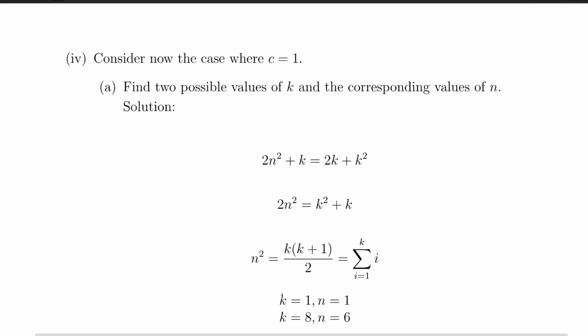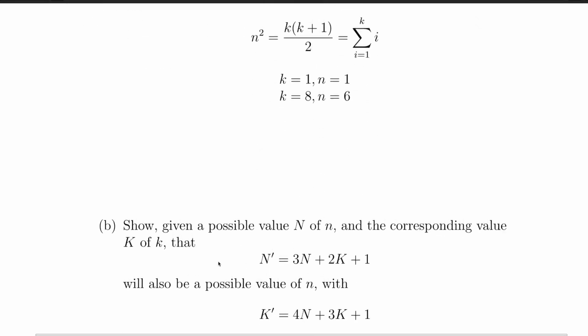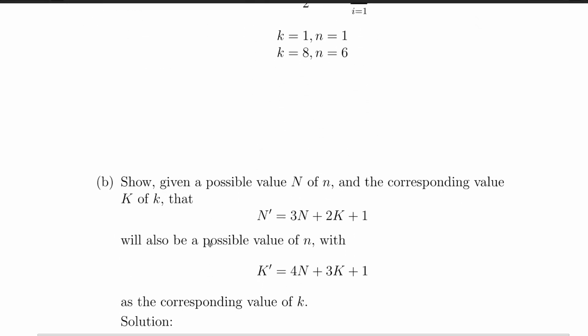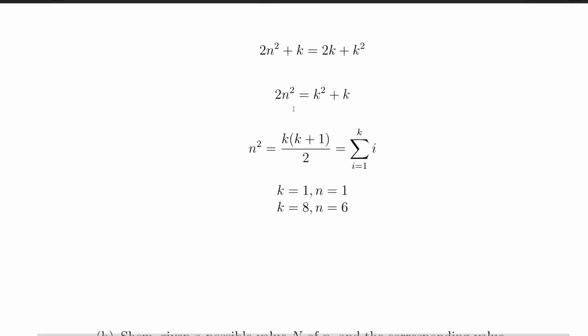But to be honest, as long as you find this first solution, you can use this next part, which basically tells us that if you have a possible value of n and a possible value of k, you can find another value for k and n such that it satisfies this equation.